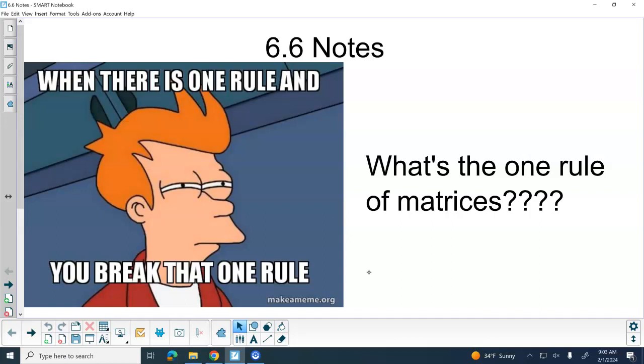So, what is the one rule of matrices that we talked about yesterday? I shouldn't say I described it yesterday as a rule. I described it as everything in a matrix can be described by 3 words.